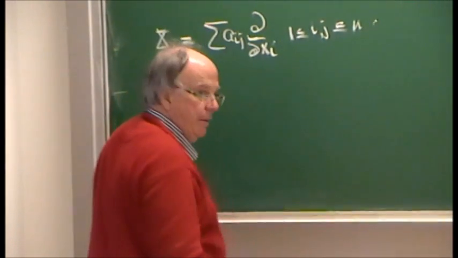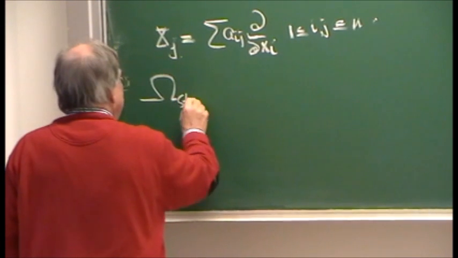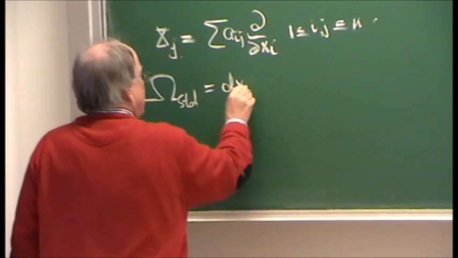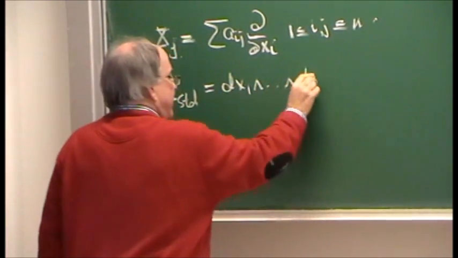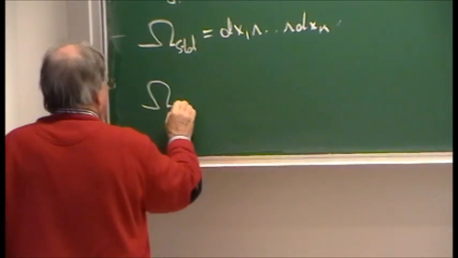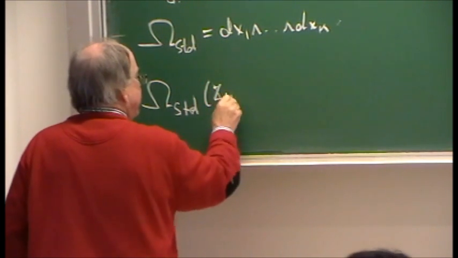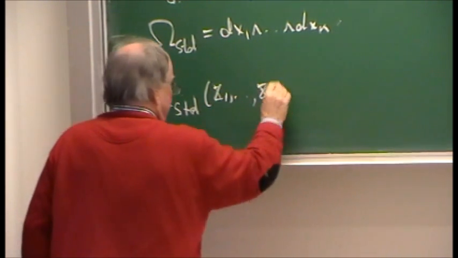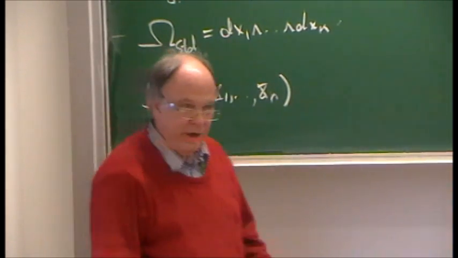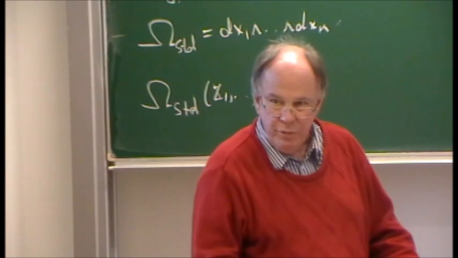Now we're really having fun. And we're going to use this standard orientation, dx1 wedge through dxn. And then we ask what we're going to get if we put these fields into the standard orientation. We're going to ask whether it's positive. You can put them in, and if you're lazy, you ask a computer to do all this.